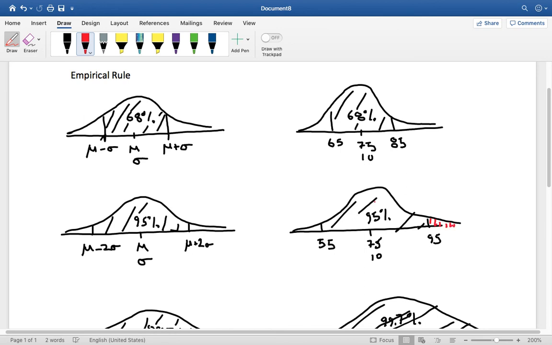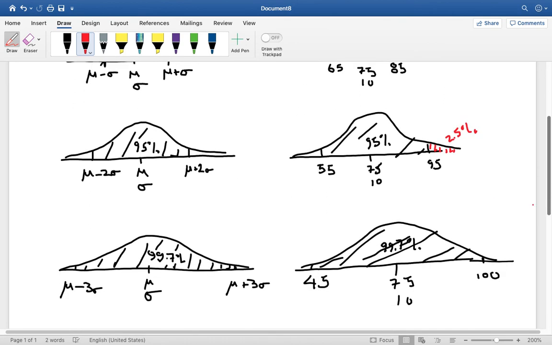And we're going to say, well, if this is 95 and it looks symmetrical, so there must be 5% left over, 5% over here and 5% over here. So this must be 2.5%. So the percentage of students that we expect to score more than 95 will be that value in there, 2.5%.